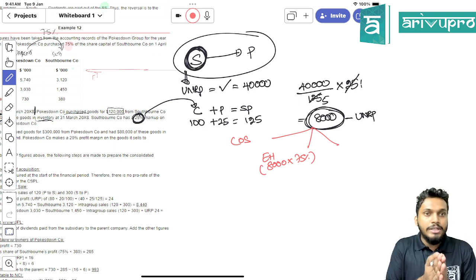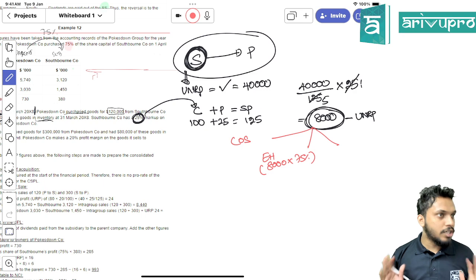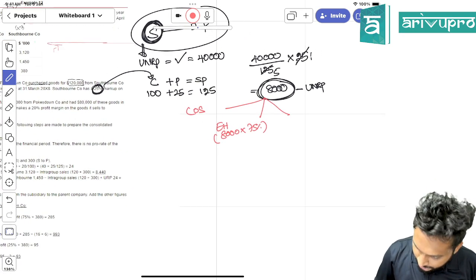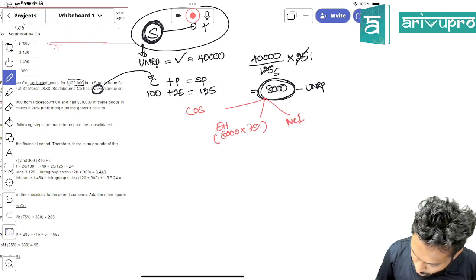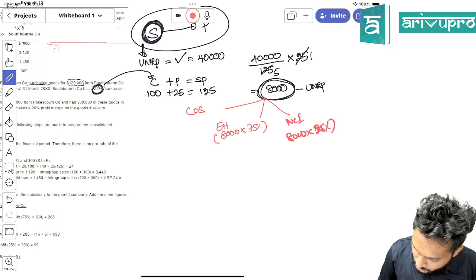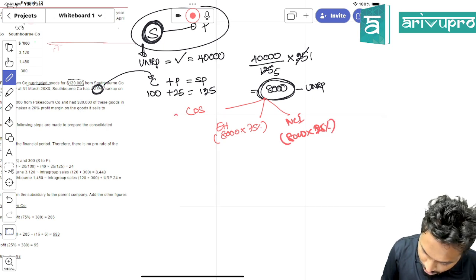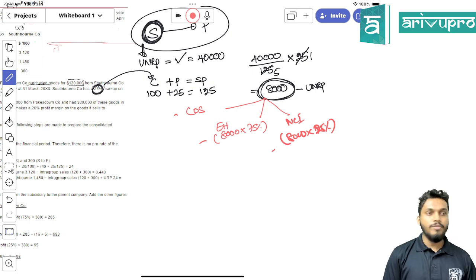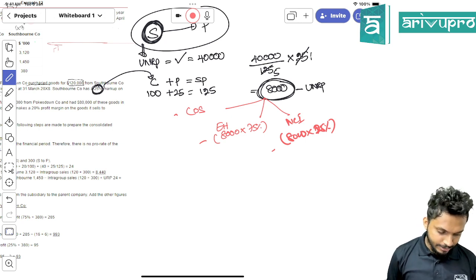So you split the unrealized profits among the parent and the non-controlling interest. The non-controlling interest part is 8,000 into 25%. This needs to be a deduction in all cases. Let's see how we are going to deduct it.